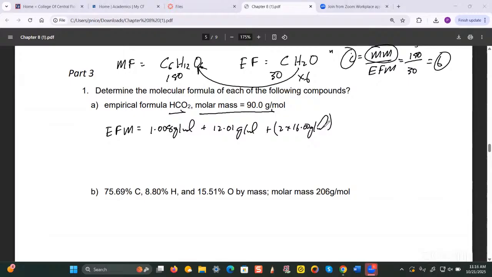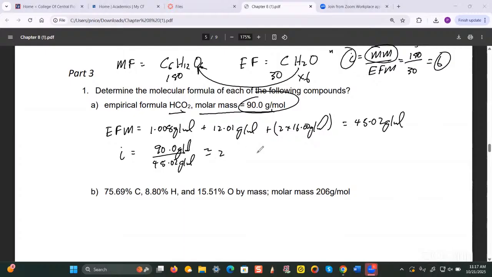Let me work out what's in the parentheses first. Well, that's 32 plus 12.01 plus 1.008. So this works out to be equal to 45.02 grams per mole, right? So to get the integral factor I, that would be equal to the molar mass, which is given as 90.0 grams per mole, divided by 45.02 grams per mole, and that would approximate to be equal to 2, because I must always be an integer, right?